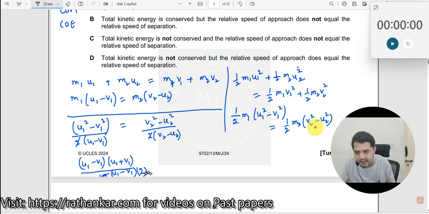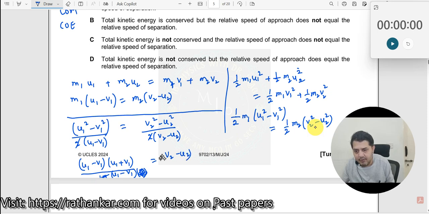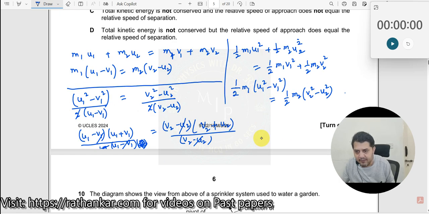Now this can be written as (v2 minus u2) into (v2 plus u2) divided by (v2 minus u2). Numerator and denominator cancel, so what am I left with? I am left with u1 plus v1 is equal to v2 plus u2. In other words, I can write u1 minus u2 is equal to v2 minus v1.